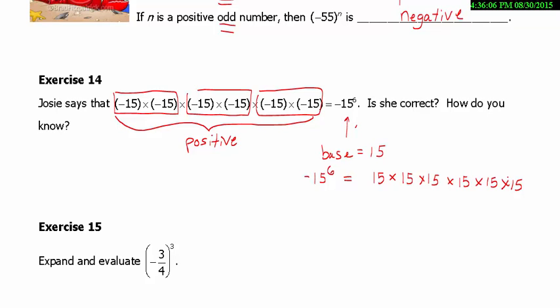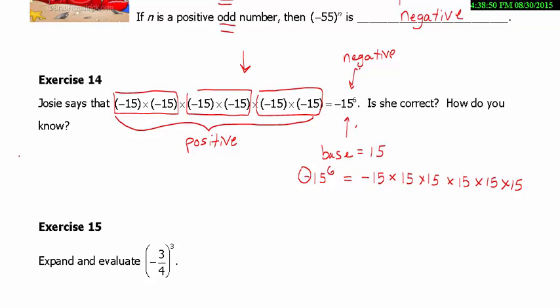And the negative sign right here simply is just tagging along right out in the front, which makes our answer a negative number. So she is actually incorrect because there is no possible way that a positive number here could be equal to a negative number here. Now remember, the base was just 15 because without the parentheses, the negative is not part of the base.